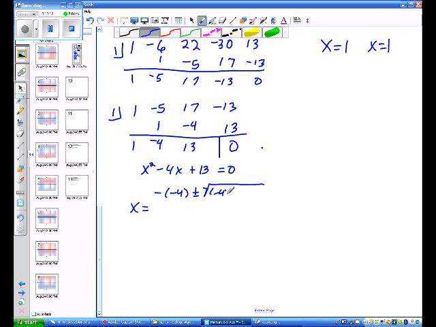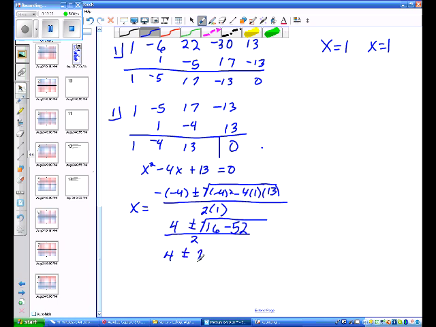So we have 4 plus or minus the square root of 16 minus 52 over 2, which is 4 plus or minus the square root of negative 36 over 2, or 4 plus or minus 6i divided by 2. Now each of those can be divided by 2, so we end up with 2 plus or minus 3i. So there's our 4 solutions, 1, 1, and 2 plus or minus 3i.